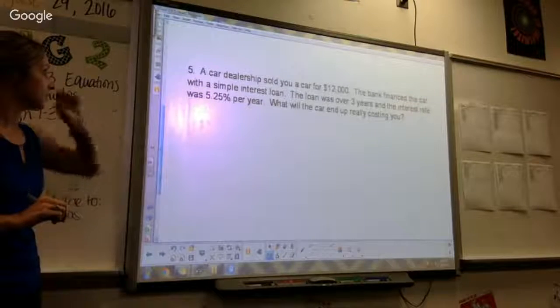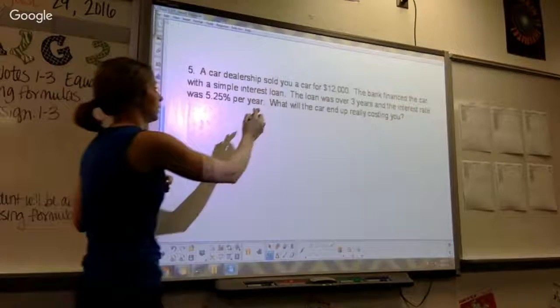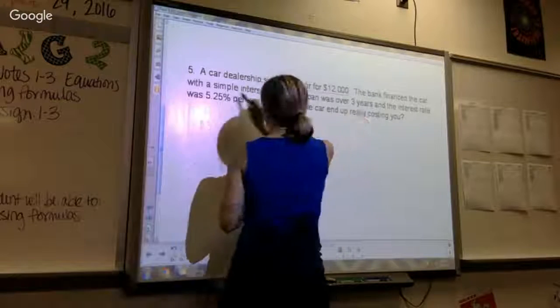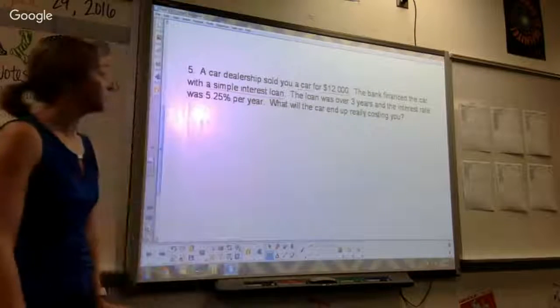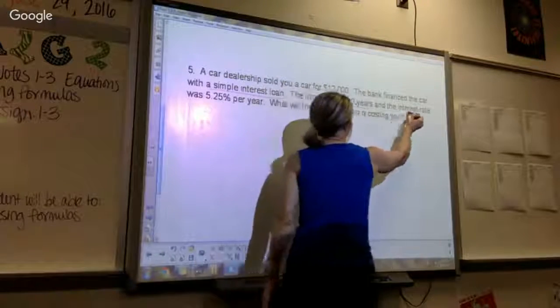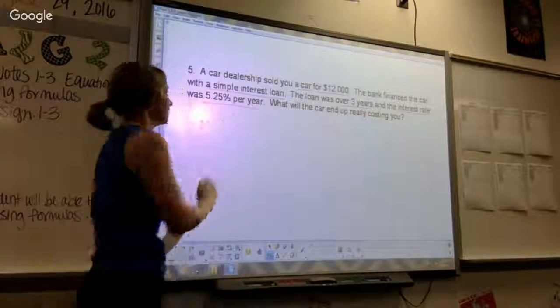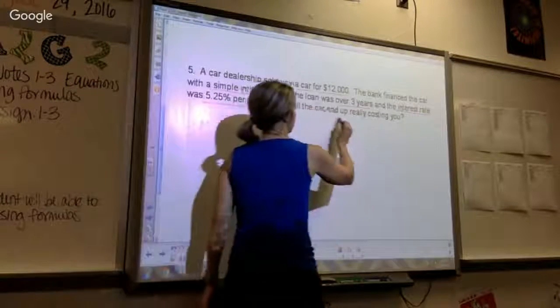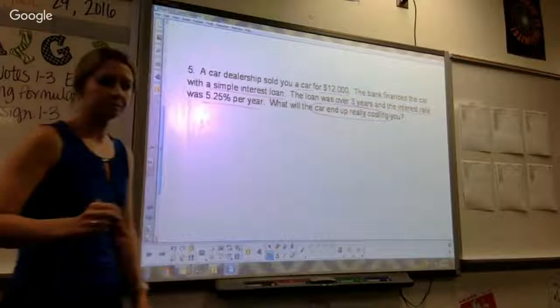Okay, last one. A car dealership sold you a car for $12,000. The bank financed the car with a simple interest loan. The loan was over 3 years, and the interest rate was 5.25% per year. What will the car end up really costing you?